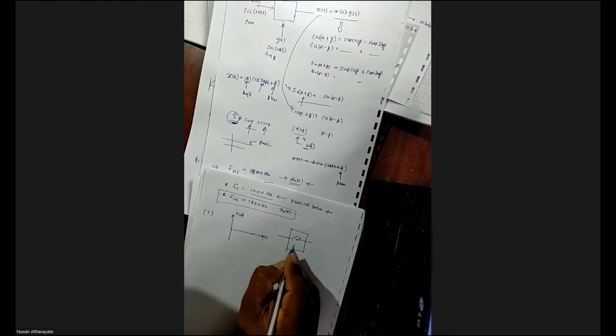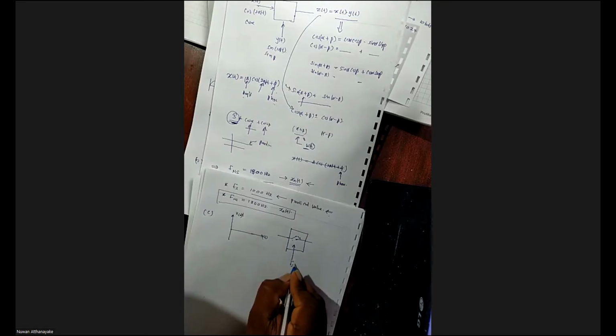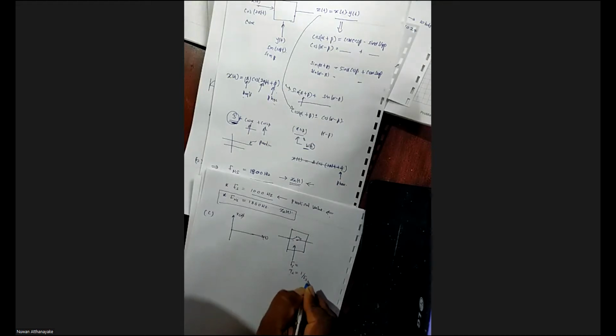And the on-off frequency of this switch is the sampling frequency Fs. If you find the on-off time, it will be Ts, the sampling time, and that is equal to 1 by Fs. I'm not going to explain this because we have already learned these things.